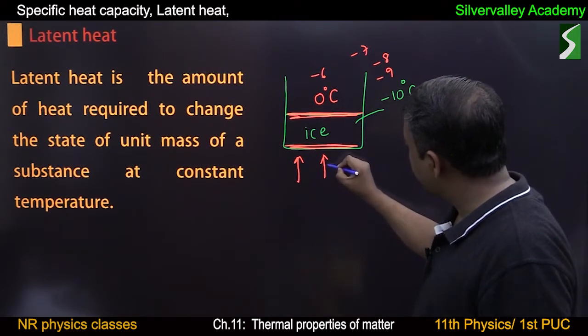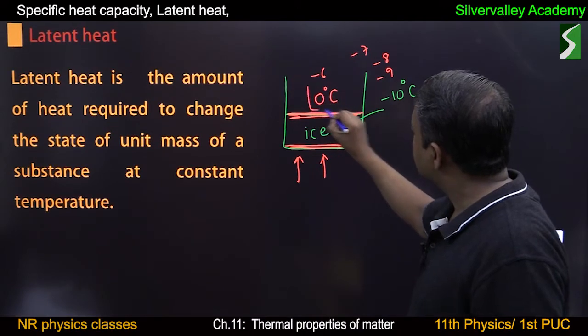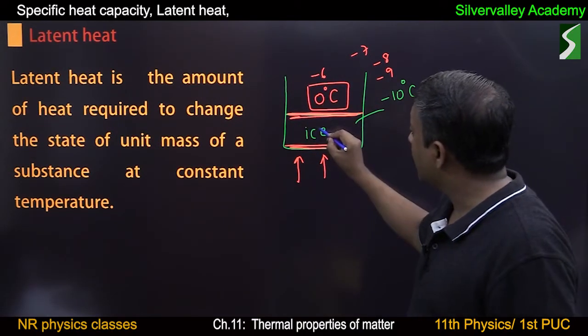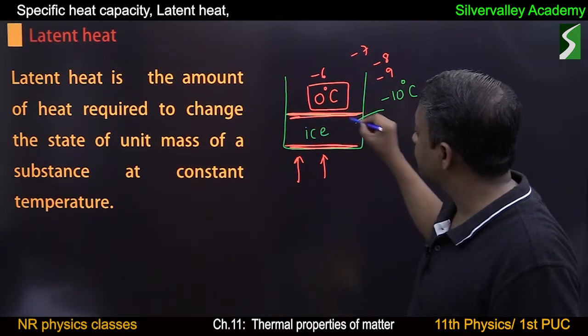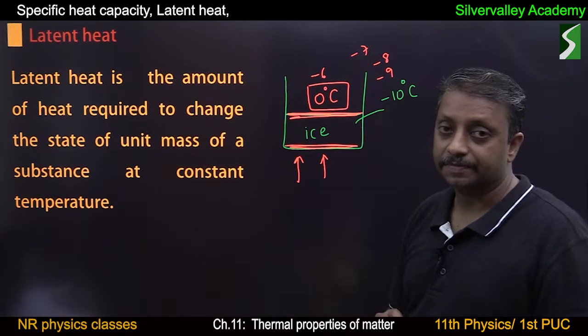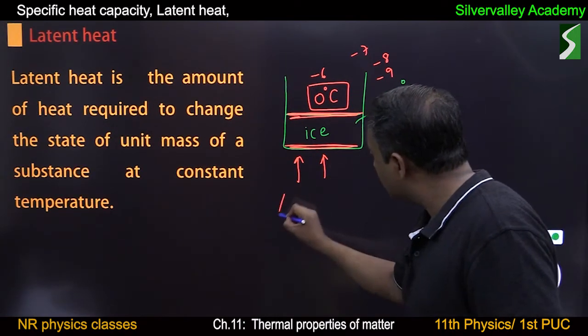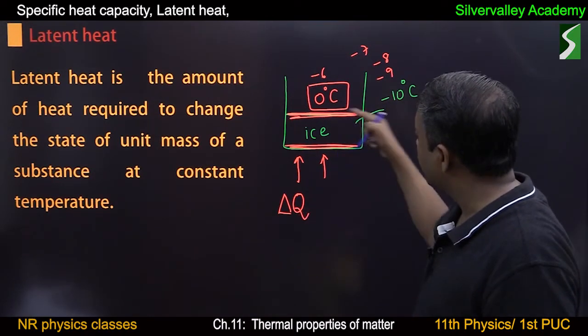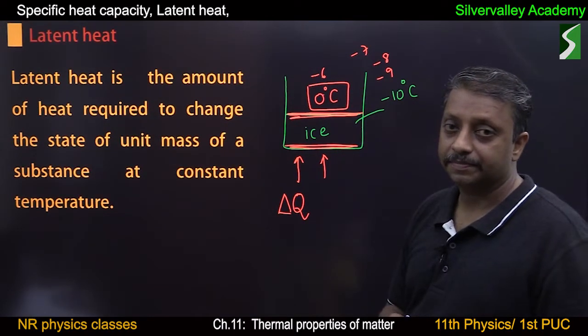You continue to supply heat energy, you won't see any increase in temperature, but the ice goes from solid state to liquid state. So melting of ice takes place at 0 degrees Celsius. Some amount of heat, delta Q, is required to melt the ice at 0 degrees Celsius.